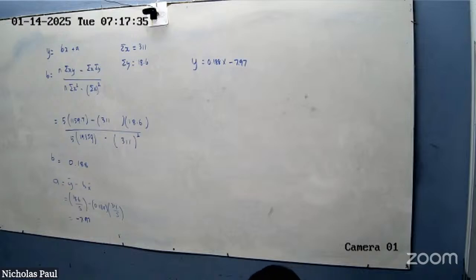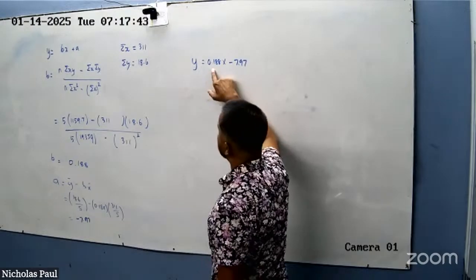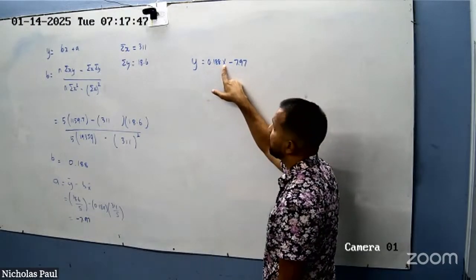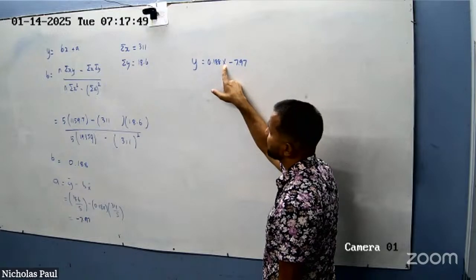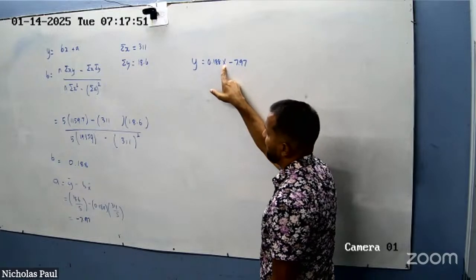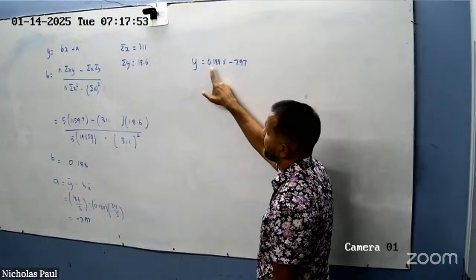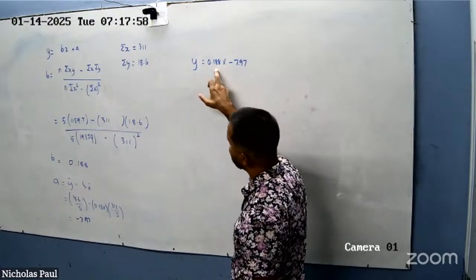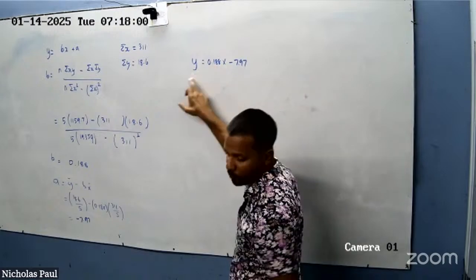Okay, nice. And the next part they ask is, what does B represent? So here's what B says. For every unit change in X, B gives us the factor that Y will change by.